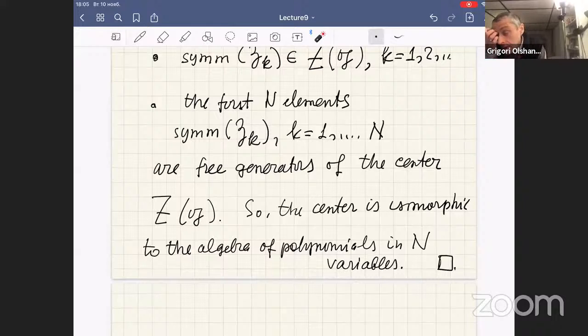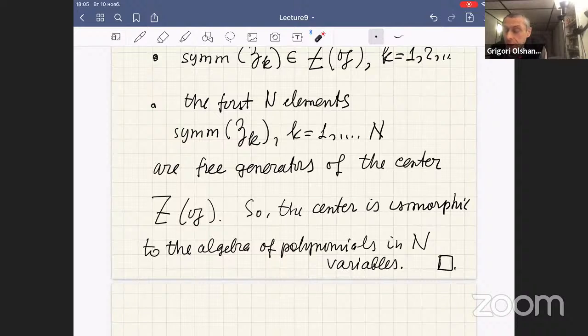So just look again at what we obtained from this argument. Our tool is the symmetrization map, which gives us a correspondence between the commutative algebra and the non-commutative algebra. But the key fact is that this symmetrization map has good properties, and it is equivariant with respect to the action of our symmetry group.